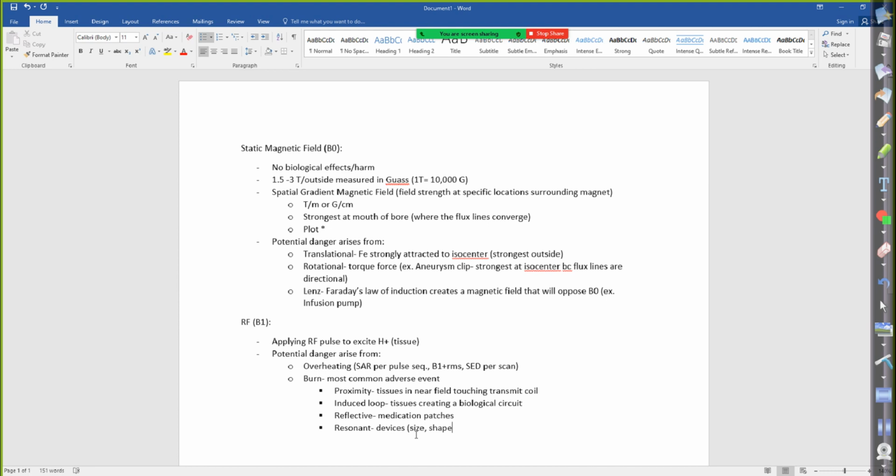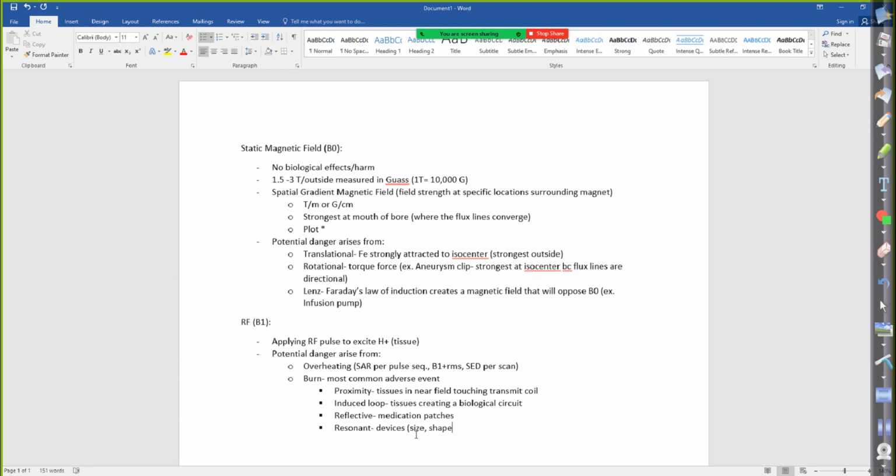But as you get larger, depending on if you're dealing with a 1.5 or a 3 Tesla, so go back to that slide and look in the notes, because what they talk about is the length of our wavelength of that RF pulse and how it matches up with a 1.5 and a 3 Tesla. And in those situations, at a certain length, like 13 centimeters versus 26 centimeters, the length of that device will be more likely to cause a burn.